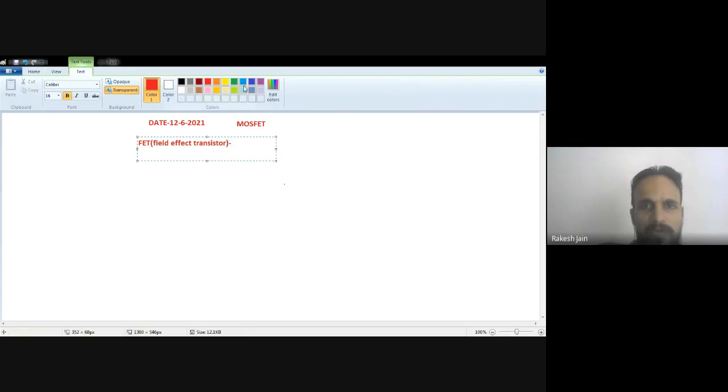I will just write down here the basic meaning of this. A kind of transistor in which the output current varies with respect to the applied input voltage.